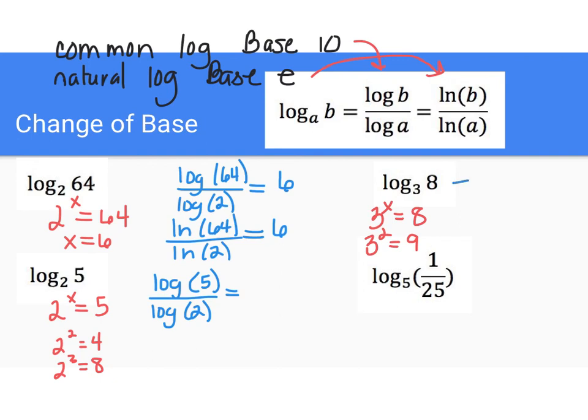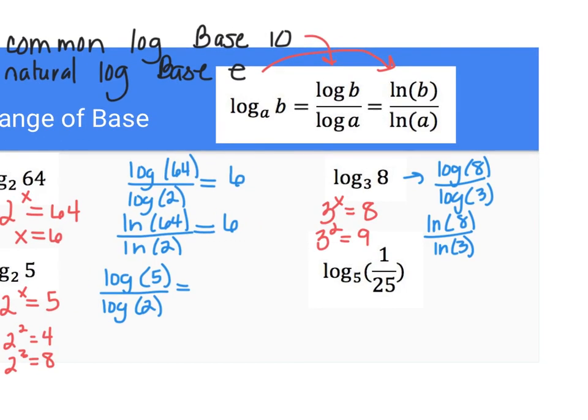So I would put this in my calculator as log of 8 divided by log of 3. Or I can put it as a natural log, natural log of 8 divided by natural log of 3. Once you get that, again, make sure as you type it in the calculator that you close the numerator before you do the division, and you should get about 1.893.